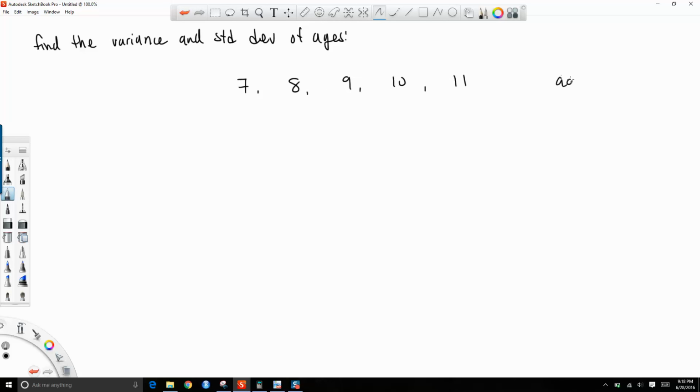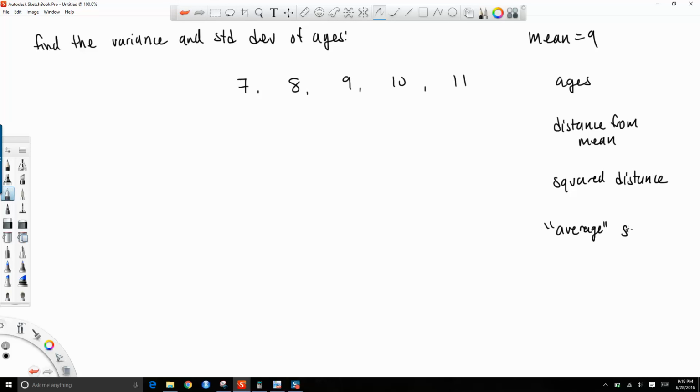So these are the ages. The mean is equal to 9, so you want to find distance from the mean, the squared distance, and then the quote-unquote average squared distance. And once you get the average squared distance, then find the standard deviation.